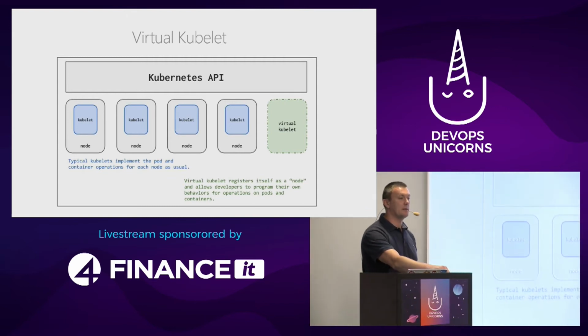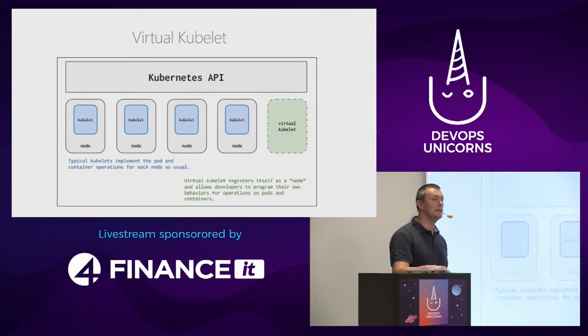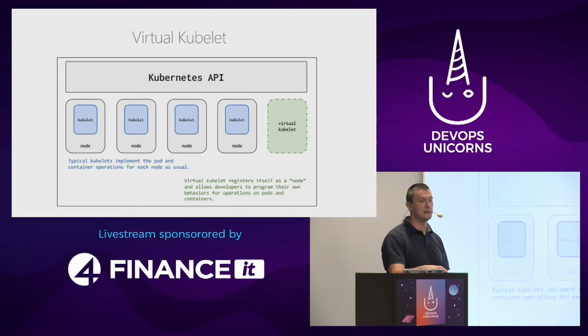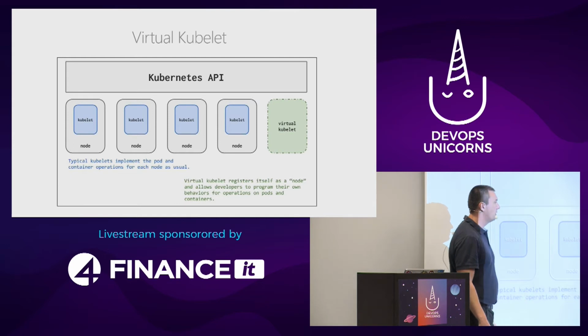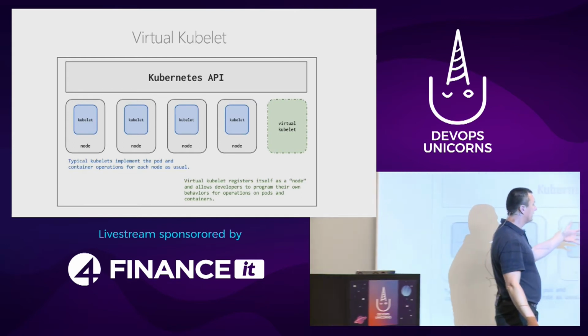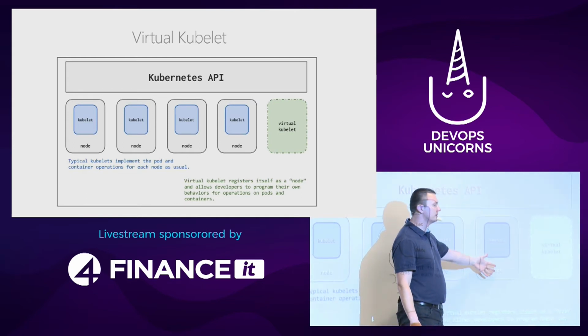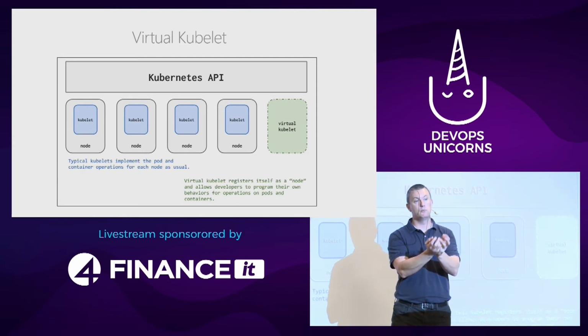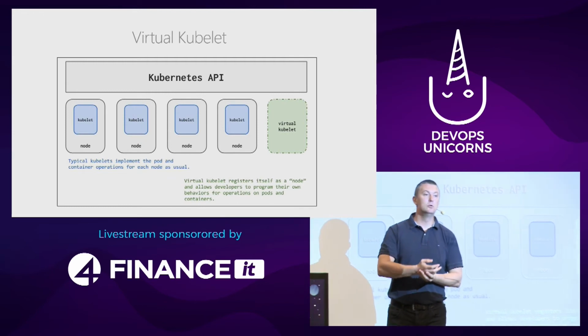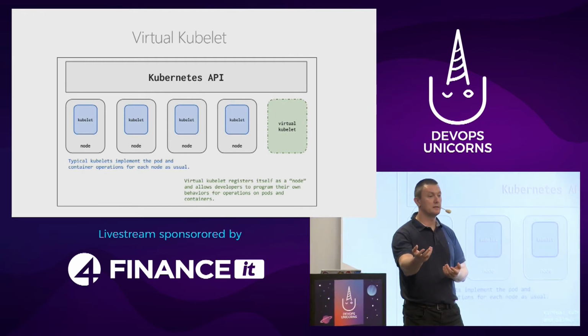Here you have the same thing, but it's an interface that represents a kubelet. So instead of the kubelet giving instructions to the node to create new pods with workloads, it will use Azure Container Instances behind the scenes.